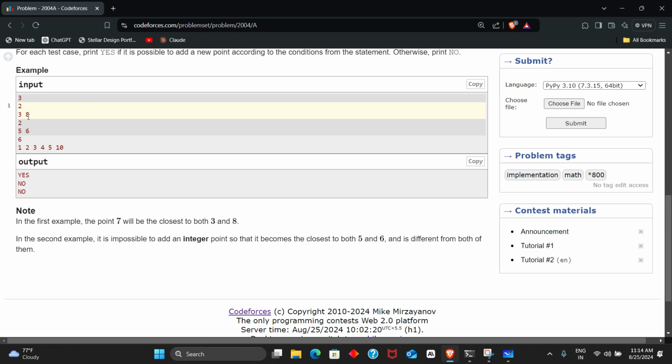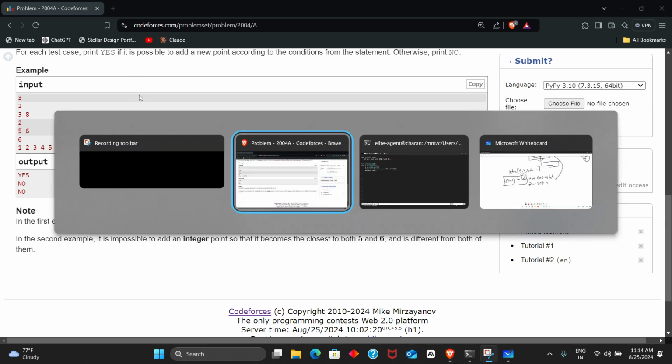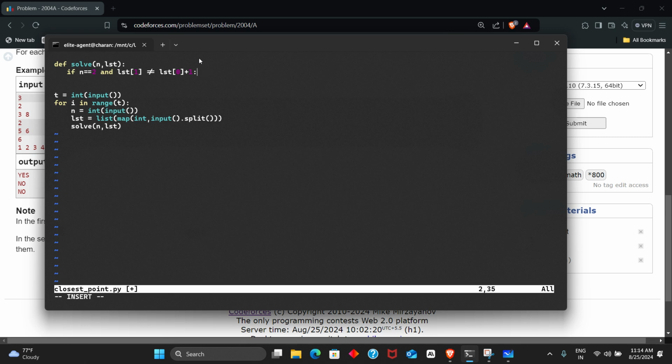The distance between 8 and 3 is 5. If we insert 6, then the distance between 3 and 6 will be 3, and the distance between 8 and 6 will be 2. So that is a better state. I guess you understood what I'm trying to say. So if this happens, we basically print yes.